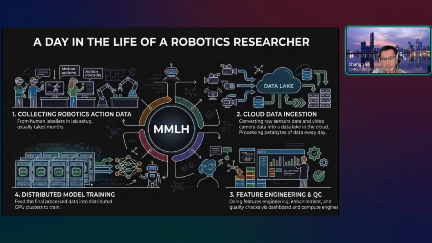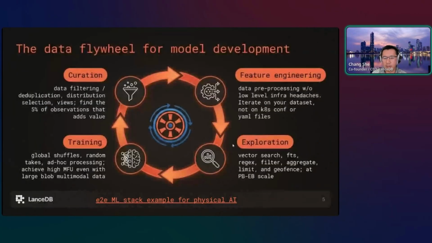Then to complete the loop, the output of this process is a new version of the model that then gets loaded onto devices, and this loop continues again. Now, when we're talking about lakehouses and data, the big focus for researchers is in steps 3 and 4 here, and this is what we call the data flywheel for model development.